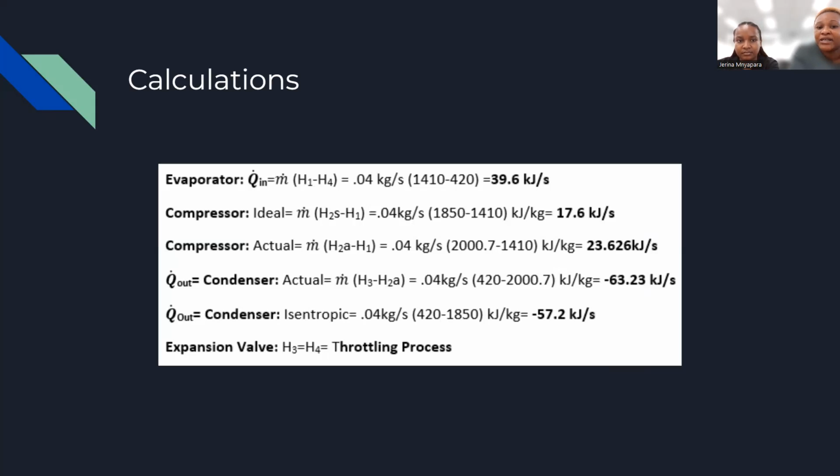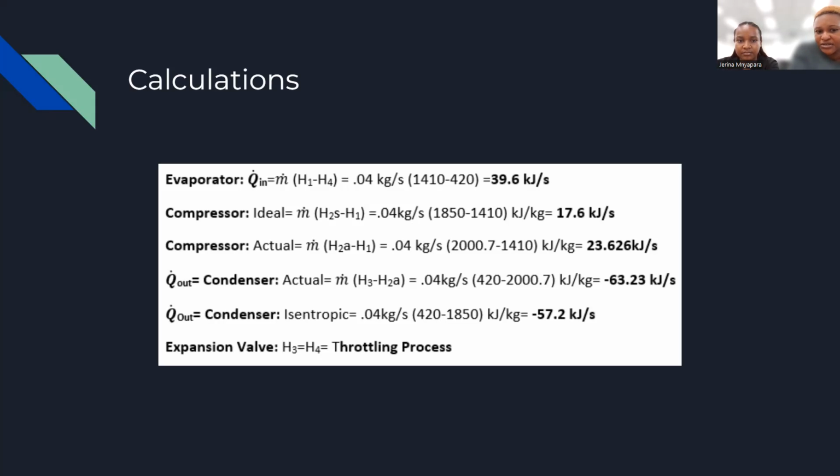We multiplied by its mass flow rate, and again we got 17.6 kilojoules per second. And we also converted the actual work into actual work flow rate, and we got 23.626 kilojoules per second.